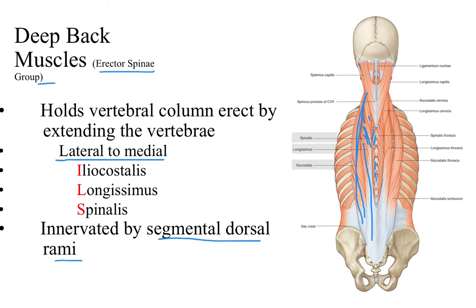These muscles' job is to hold the vertebral column erect by extending the vertebrae. So what they're basically doing is helping you stand upright. And to remember them, and the reason why I have them in red here, from lateral to medial, the iliocostalis, the longissimus, and the spinalis, I've seen some people say I like spaghetti to remember the order of these from lateral to medial.